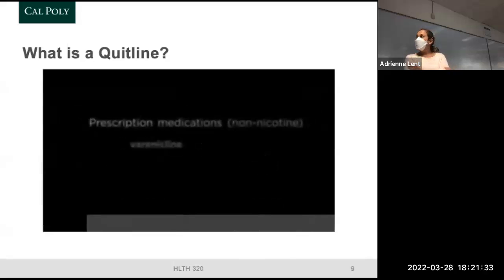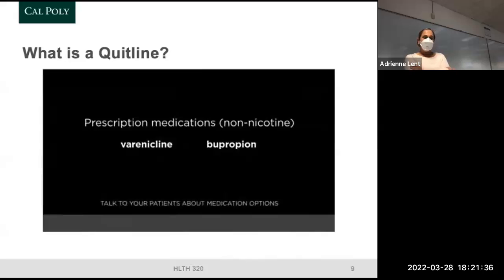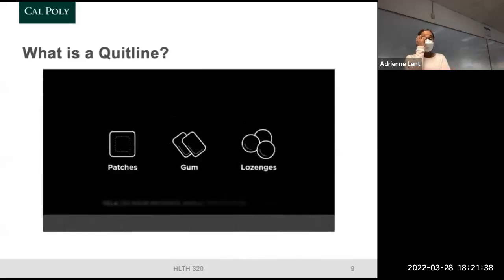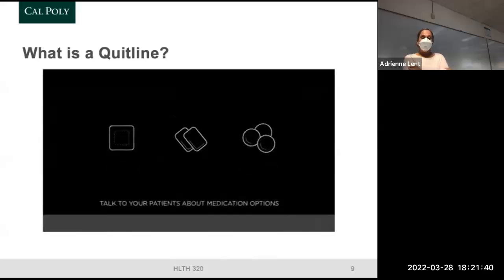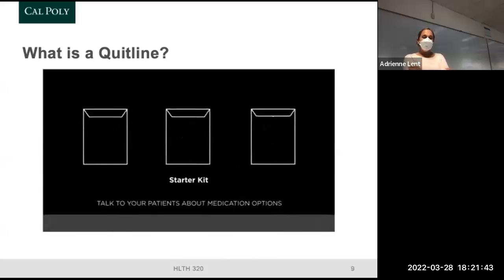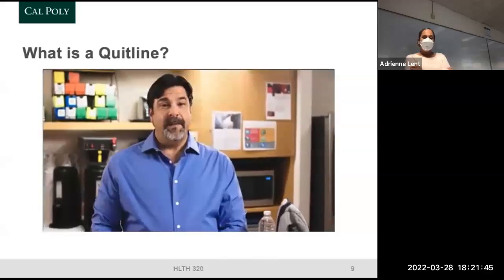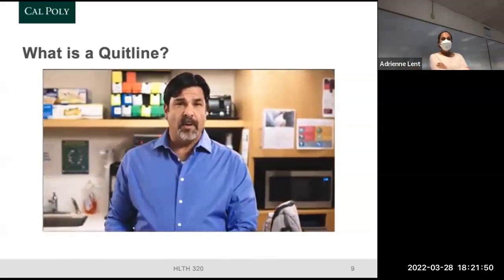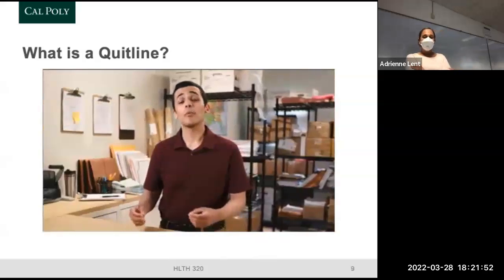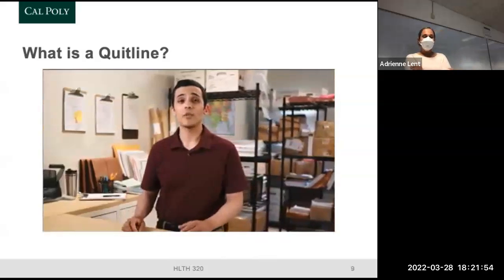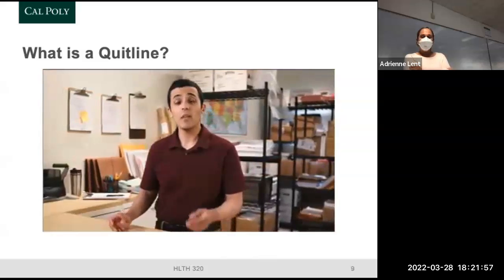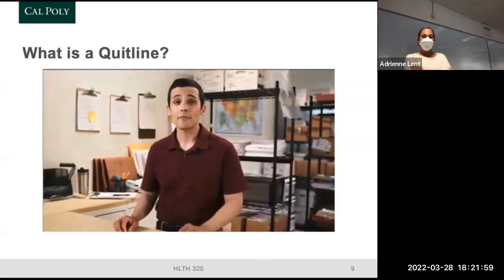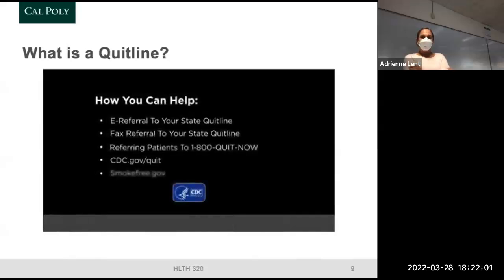Coaches may also encourage callers to talk to their healthcare providers about medications. In some states, callers may be able to get a starter kit of cessation medications like the nicotine patch or gum from the Quit line. Just knowing that others have used these techniques to quit smoking really helped me. It told me these things actually work. What's great about the Quit line is that they help you prepare to tackle tough days when you may feel like you just can't do it anymore. When I needed extra help, they were there for me. Combined with your ongoing support, referring your patients to a Quit line may be just what they need to quit smoking for good.